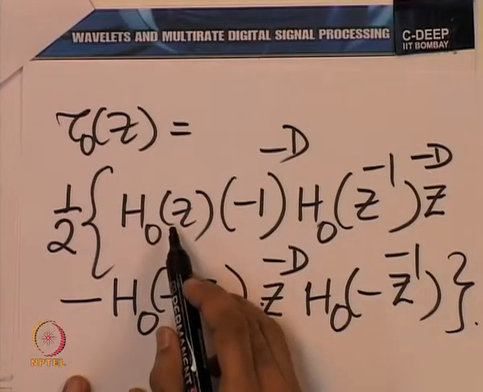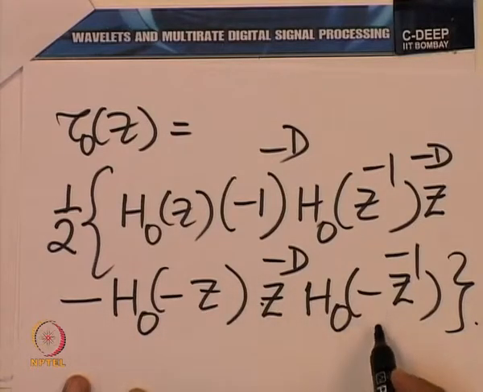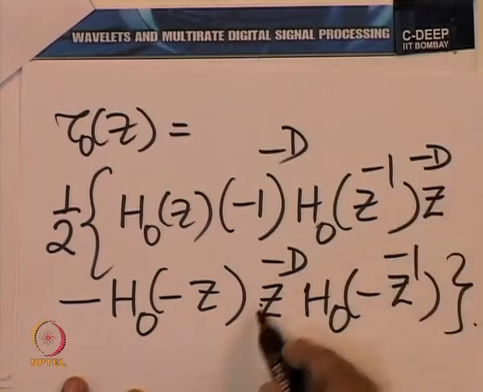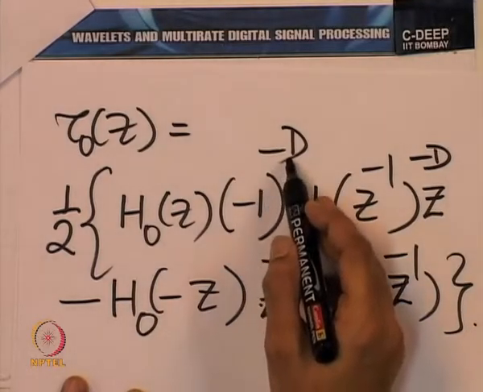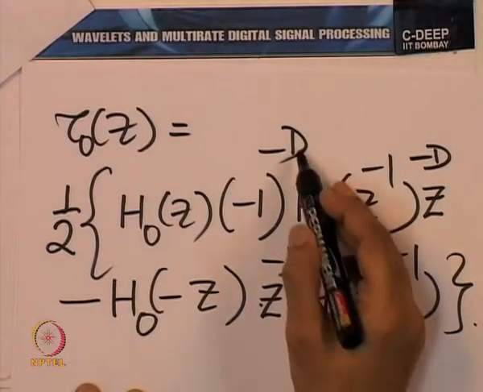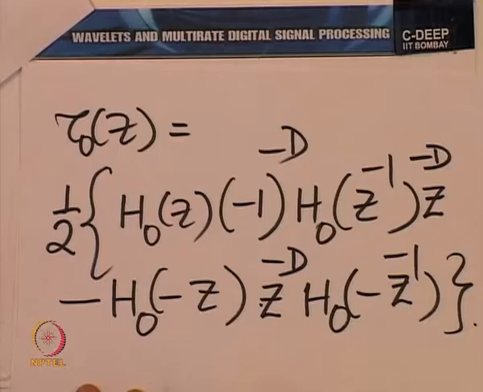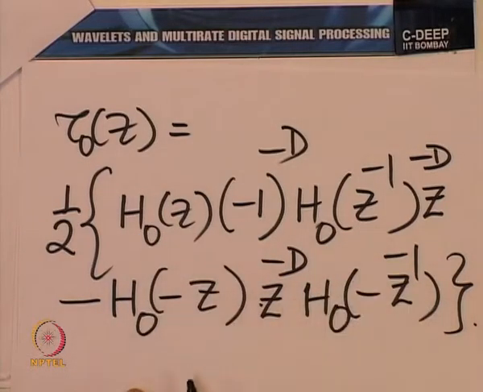So, we have h 0 z, h 0 z inverse here, h 0 minus z, h 0 minus z inverse there, the z raised to the power minus d terms there, and of course, you have a minus 1 raised to the power minus d here and a minus 1 here. We need to choose d strategically, it is clear. And then we also need to put some conditions on h 0, so that this indeed becomes a perfect reconstruction situation. We shall complete this in the next lecture and take it further from there.